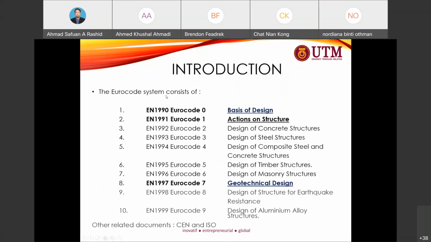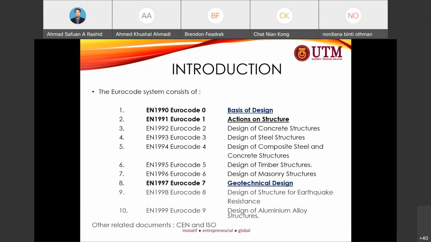So this is the list of the Eurocode system, which consists of 10 codes, starting from Eurocode 0, where they use the term EN 1990, on discussion of the basis of design.